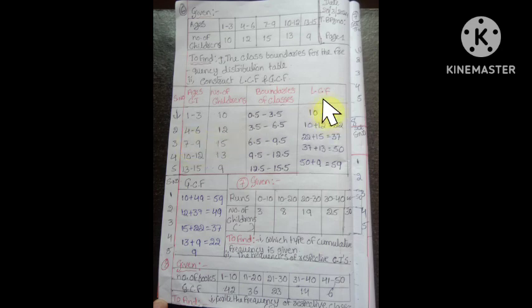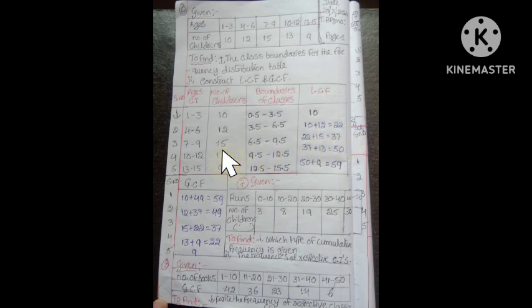How will you calculate the LCF? You already know the process: add the frequencies downwards from the first class to the specified class. The first frequency is 10, written as it is. Next frequency 12: 10 plus 12 equals 22.